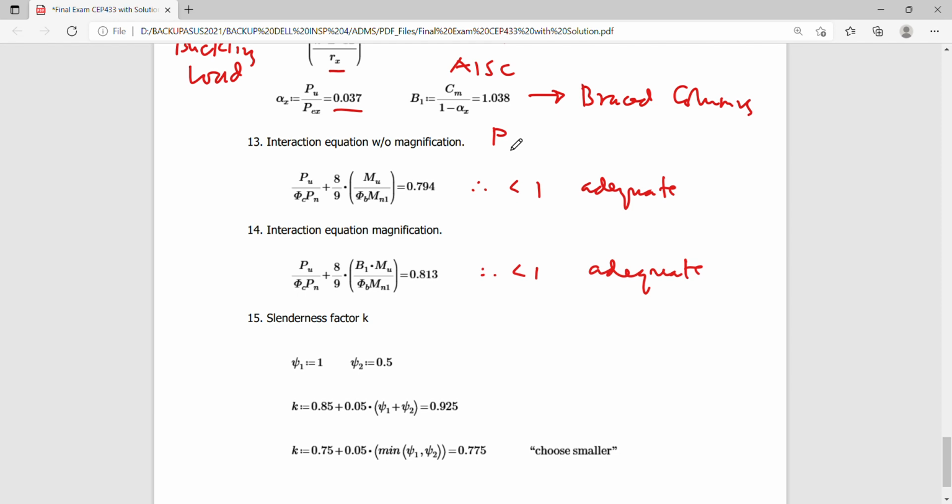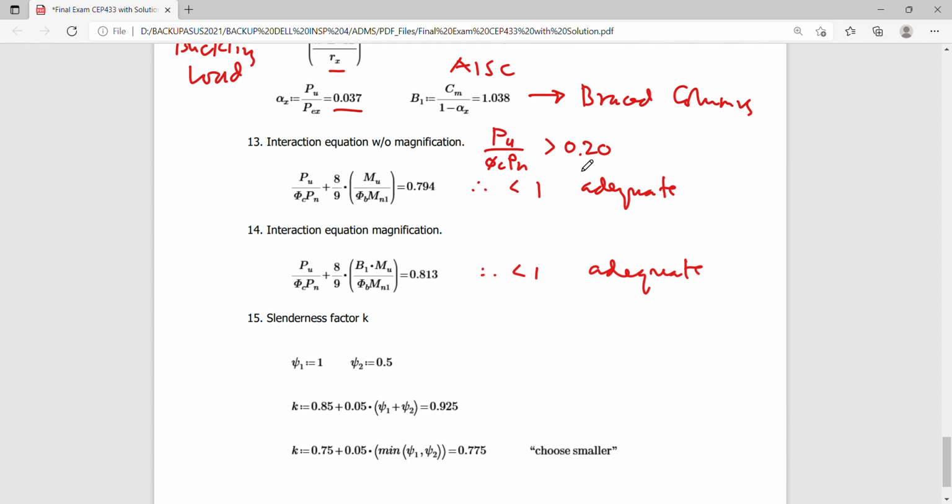Before I forget, you use this formula first, based on the ratio of P over phi c Pn, and this must be greater than 0.20. In case this is less than 0.20, then the factor of safety is modified, so we have to come up with another formula when your P over phi c Pn is less than 0.20.